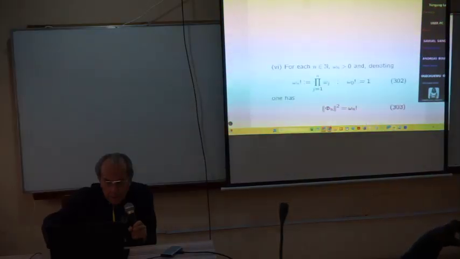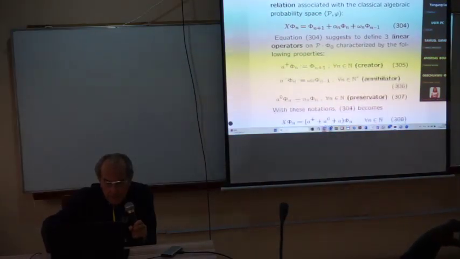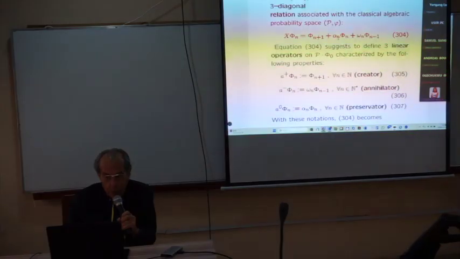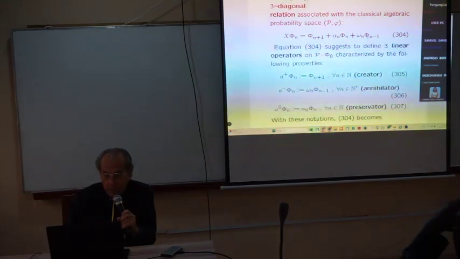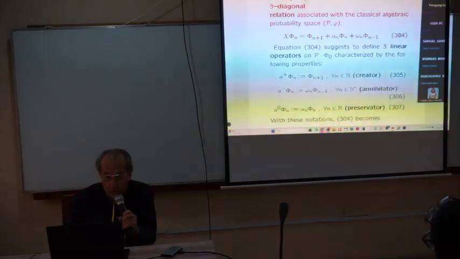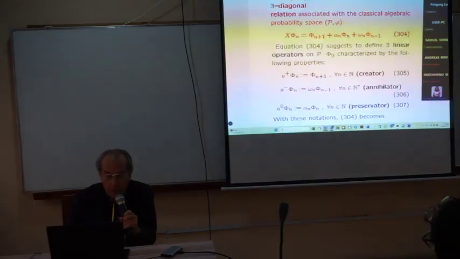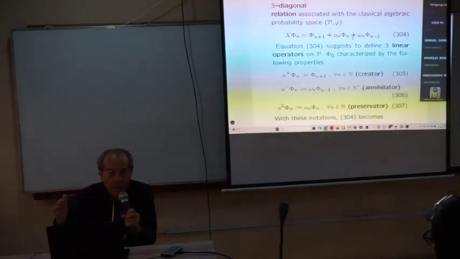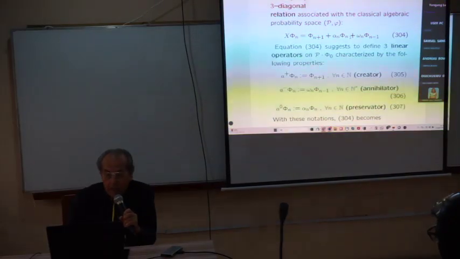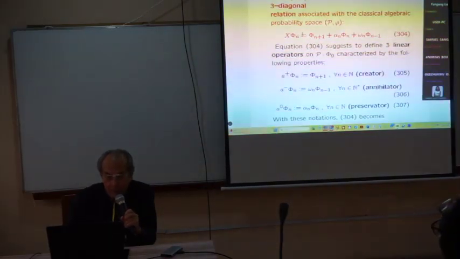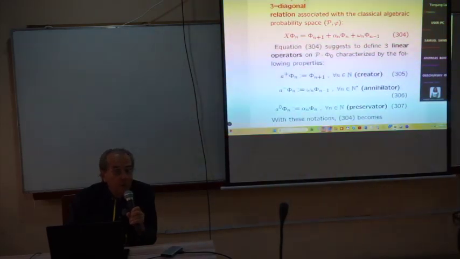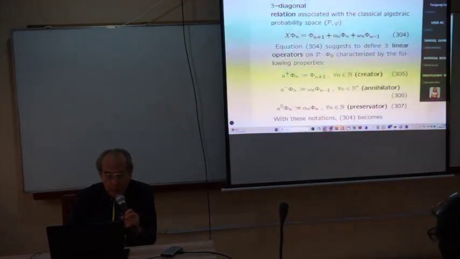This relation, as its famous name says, is called the three-diagonal monic Jacobi relation, and it is the basis of our course. I want to warn any people from physics who are present here that in physics they don't use the monic Jacobi relation, they use the so-called normalized Jacobi relation.